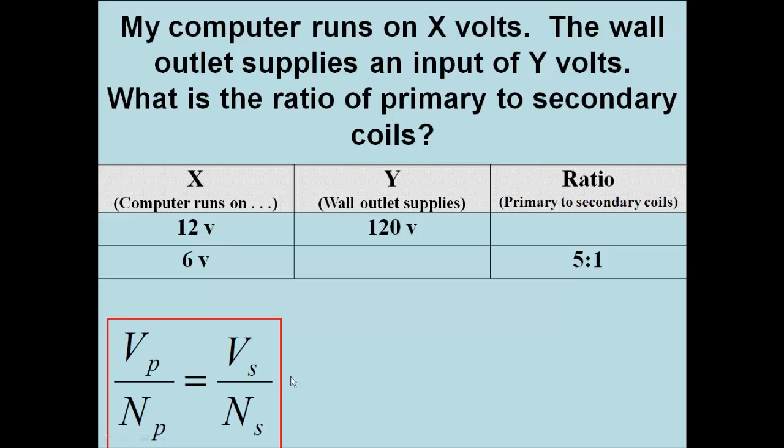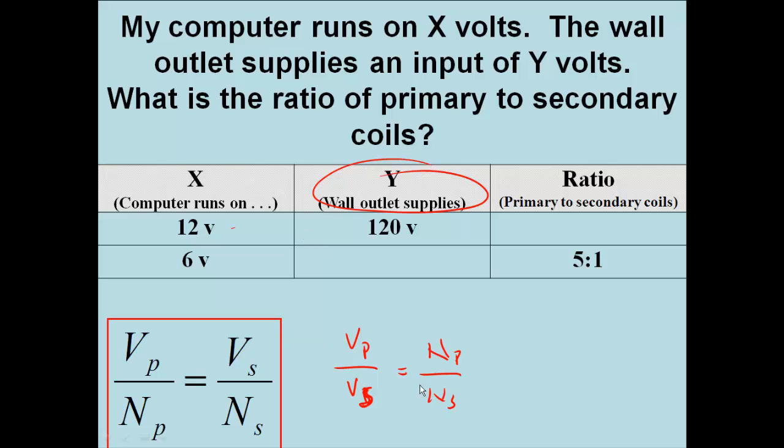Let's talk about the coil ratio. We can, remember, change this formula to make a ratio of the voltages to the ratio of the coils. Take a look at what our wall outlet supplies.